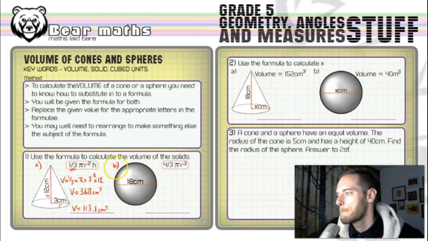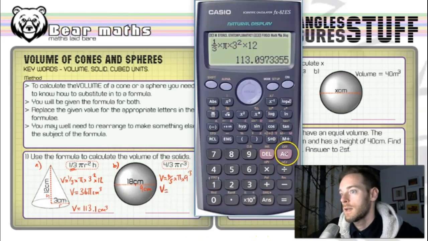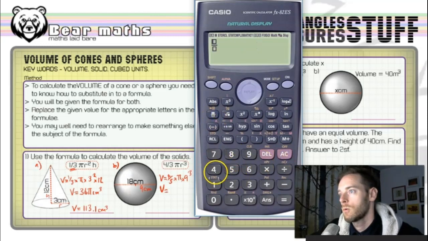Now B states that the formula is 4/3 of pi r cubed. So the volume equals 4 over 3, multiplied by pi, multiplied by, and again we need to be careful that we don't use the diameter, we need the radius, so that's 9 centimeters. So 9 cubed. Again we're going to get an answer in terms of pi first of all, but we just type it all in: 4/3 multiplied by pi multiplied by 9 cubed.